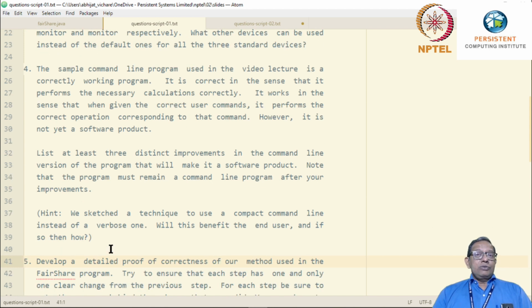This question asks you to list at least 3 distinct improvements in the command line version of the program that will make it a software product. Note that the program must remain a command line program. So an improvement which says convert this program into a graphical one is not something that we are looking for. Your program will remain a command line program, but nevertheless become a software product, which it is not right now.